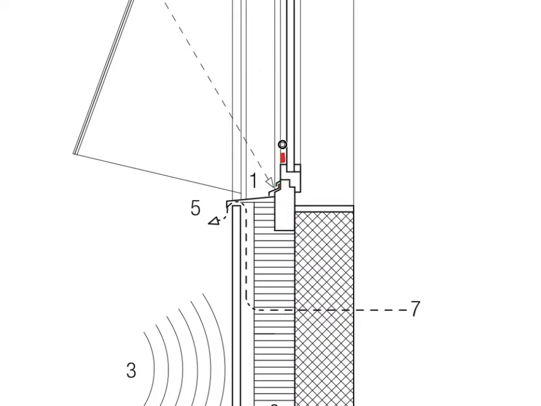And then the second part is obviously the window itself, the glass. And in general, glass by itself is not really a very good insulator. That's why single glazed windows perform really poorly in terms of thermal performance.